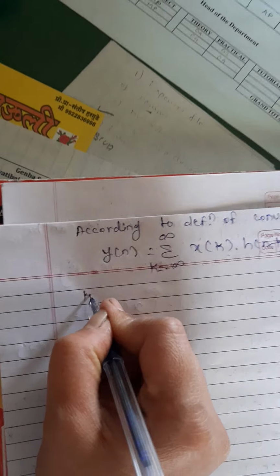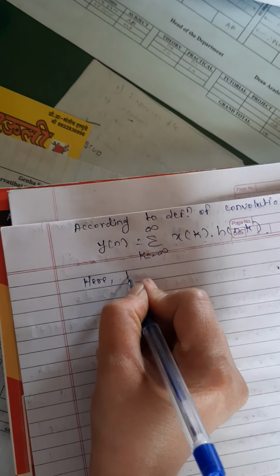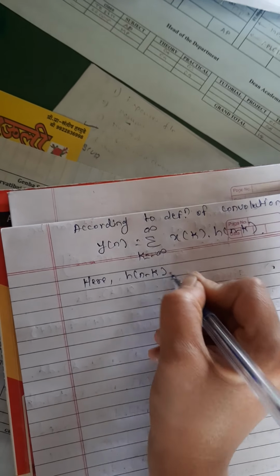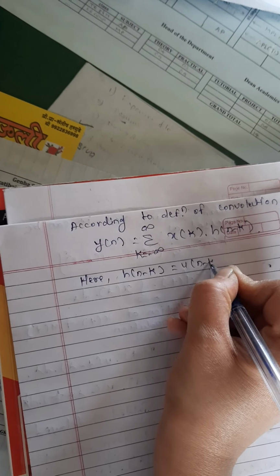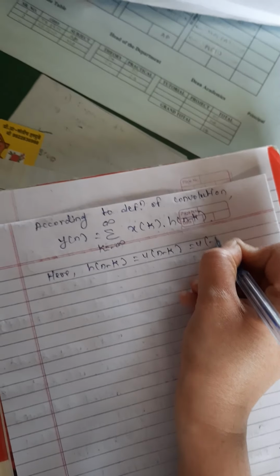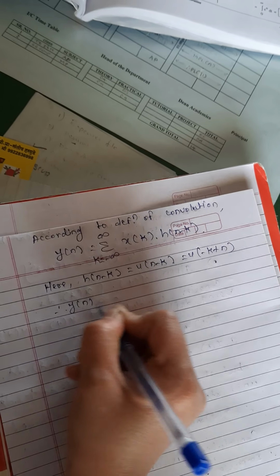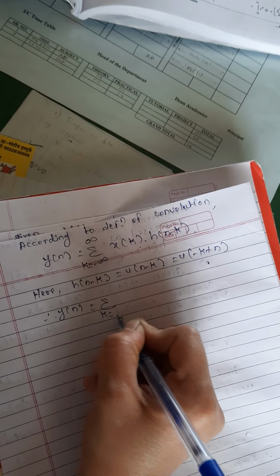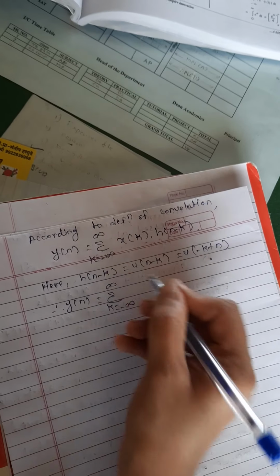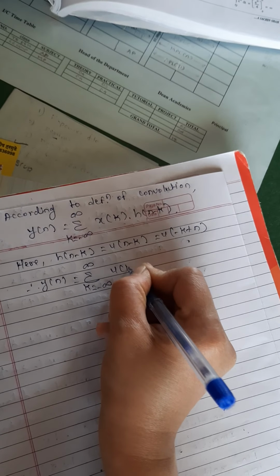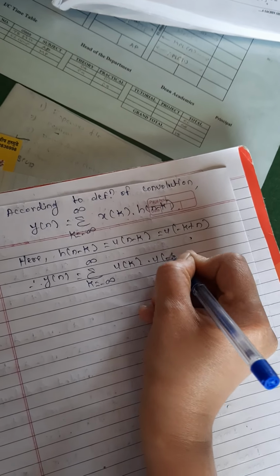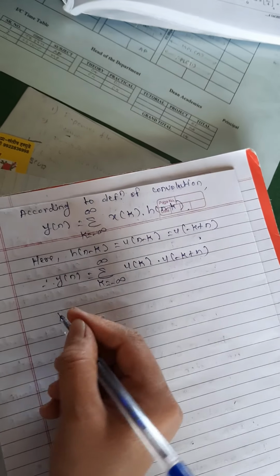Now here h of n minus k is equal to u of n minus k, which is equal to u of minus k plus n. So y of n is equal to summation of u of k u of minus k plus n.